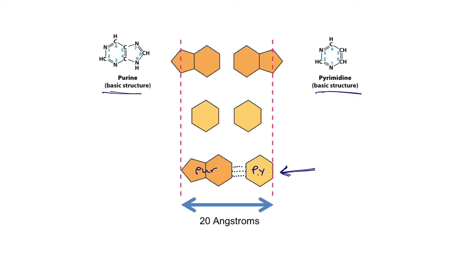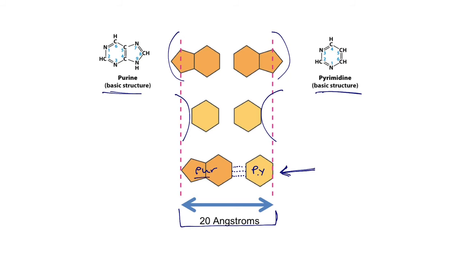Having a purine and a pyrimidine ensures that the DNA double helix holds strong at 20 angstroms in width. If we had 2 pyrimidines, the double helix would get really narrow and skinny. Whereas if we had 2 purines, it'd have a really wide double helix, and having either of those would mean a really wibbly-wobbly molecule.